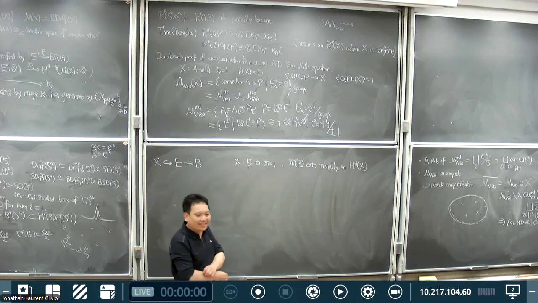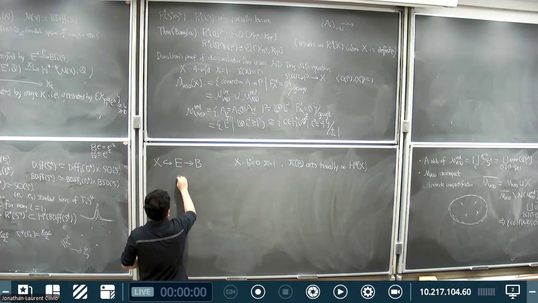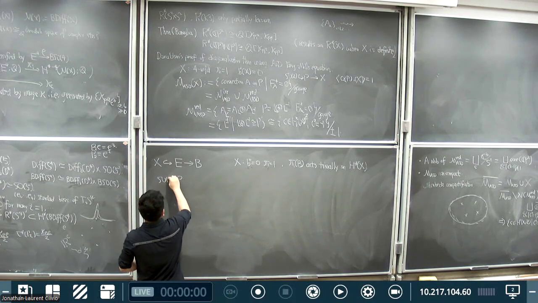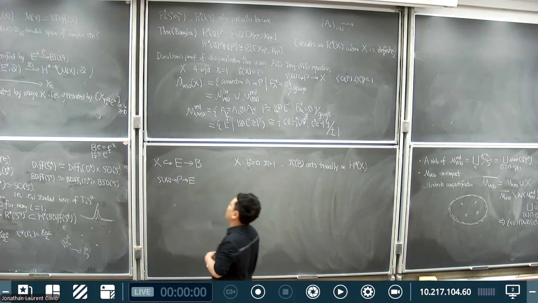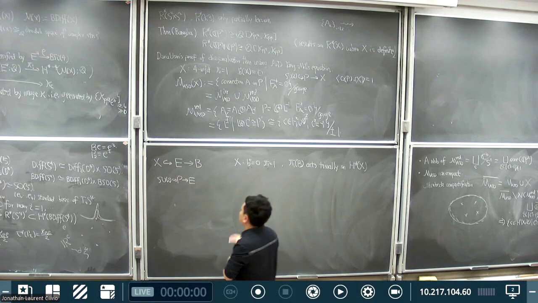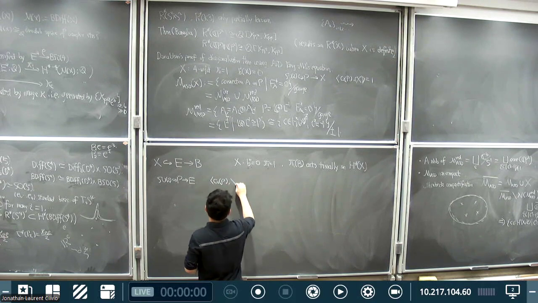What does that mean? We consider a principal SU(2) bundle which satisfies the second Chern class pairing with B.